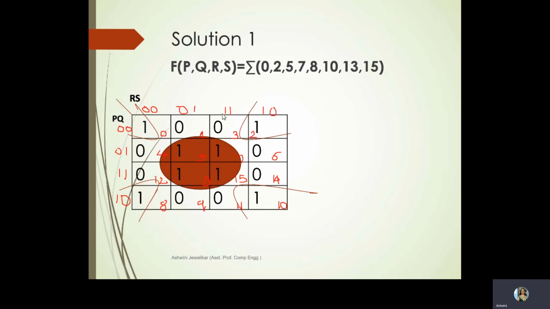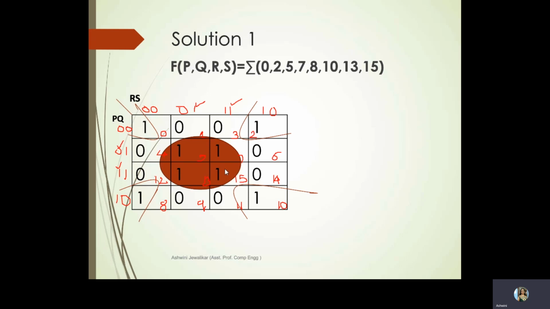You can observe for these 4 ones, S is not changing, but R is changing. R is first 0, then it becomes 1, so we have to ignore R. S is not changing, so we keep it as it is. Then vertically, P is changing, but Q is not changing. Q is constant 1 1.